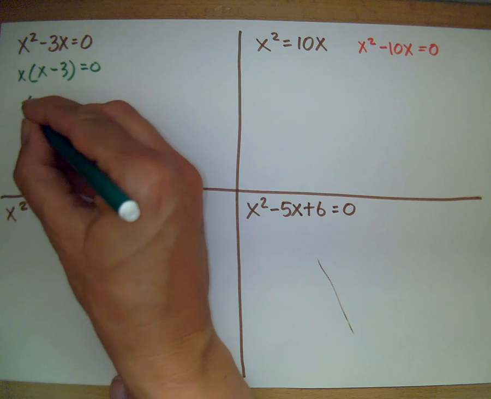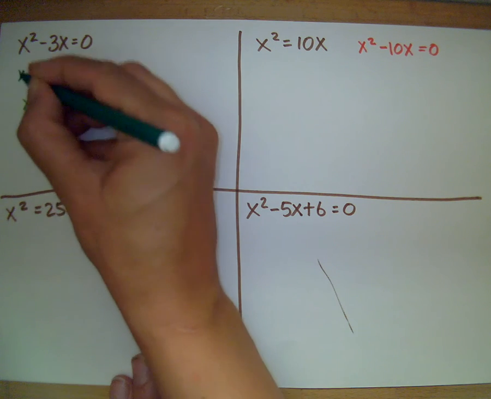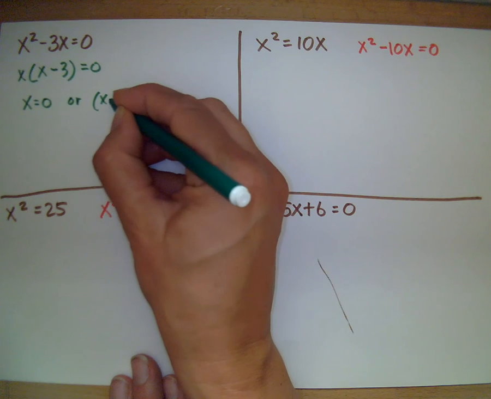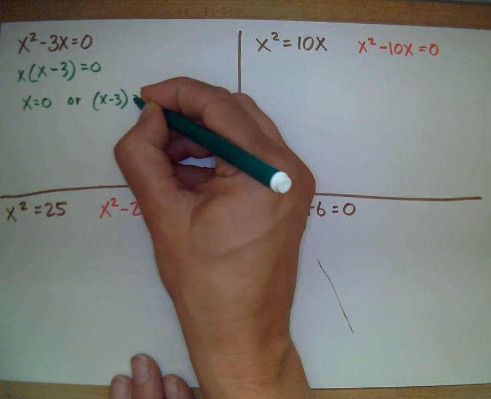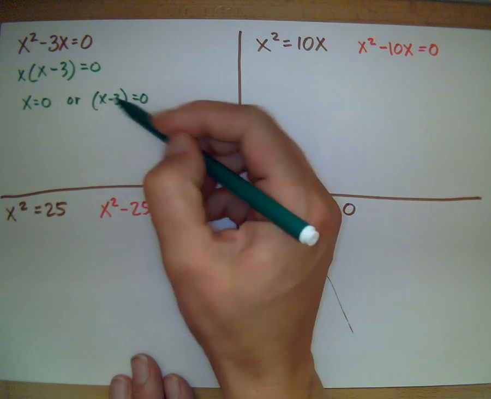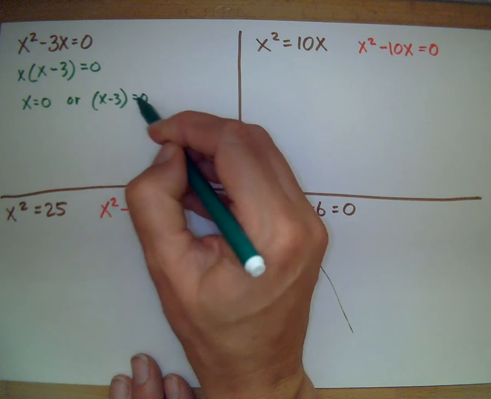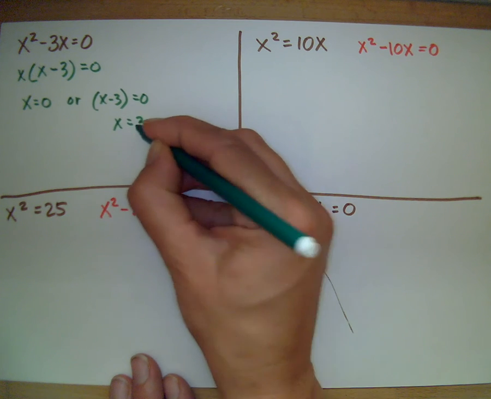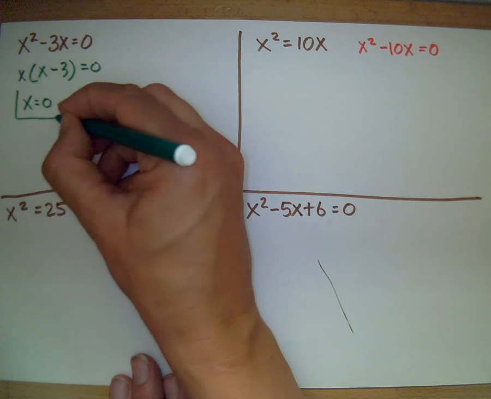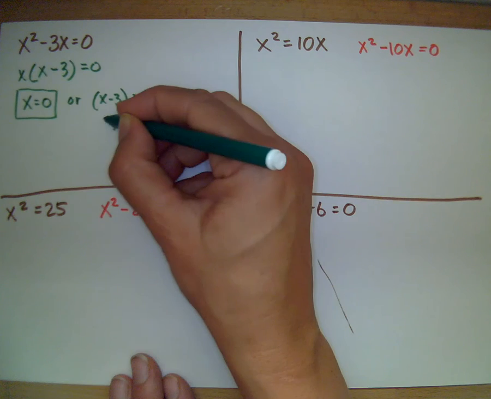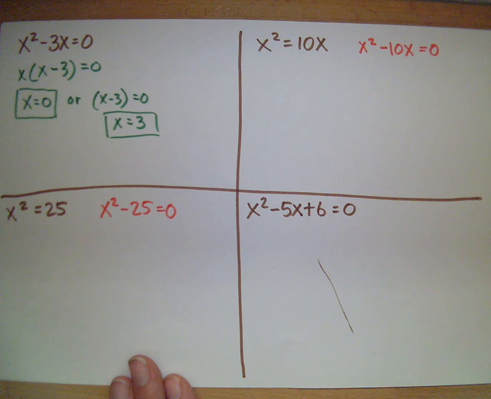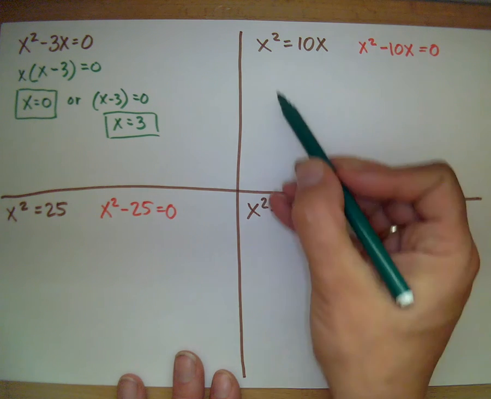That means that either this x is equal to 0, or x minus 3 is equal to 0. If x minus 3 is equal to 0, then x is equal to 3. So our answer would be x is equal to 0 or x is equal to 3. Yeah? Let's do this one.